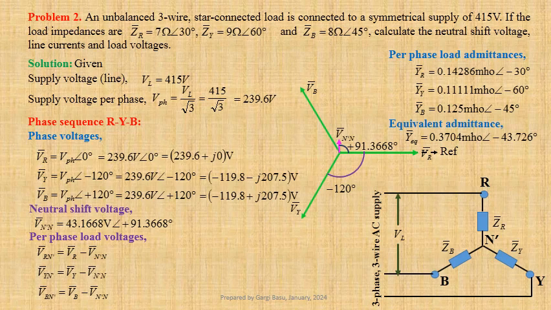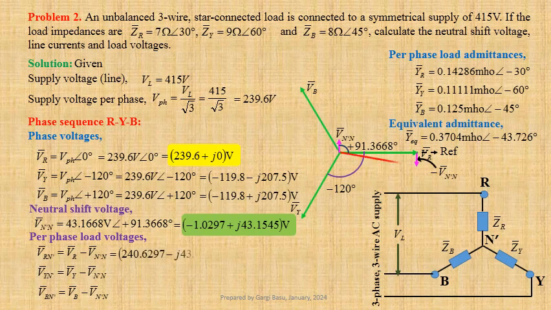In Cartesian form, this may be written as minus 1.0297 plus j times 43.1545 volt. Using values we get Vrn dash equals 240.6297 minus j times 43.1545 volt. In polar form, this may be written as 244.47 volt at an angle minus 10.1673 degree.